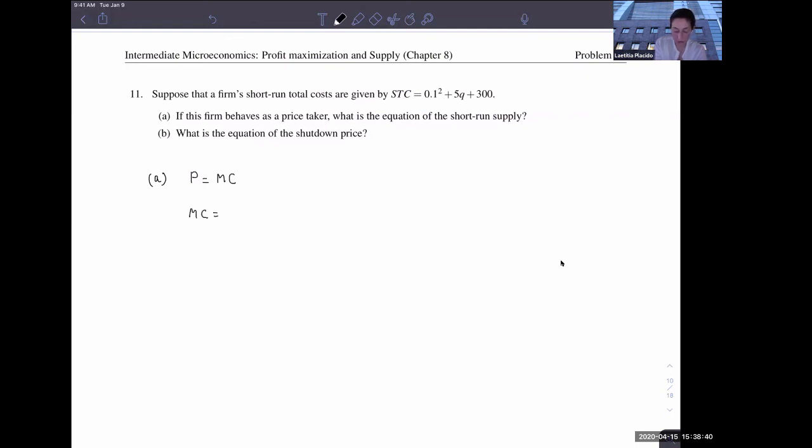Well, we take the derivative of the short-run total cost with respect to Q. So that's 0.2Q plus 5. That's the marginal cost. Then the firm sets P equals marginal cost, so P equals 0.2Q plus 5.